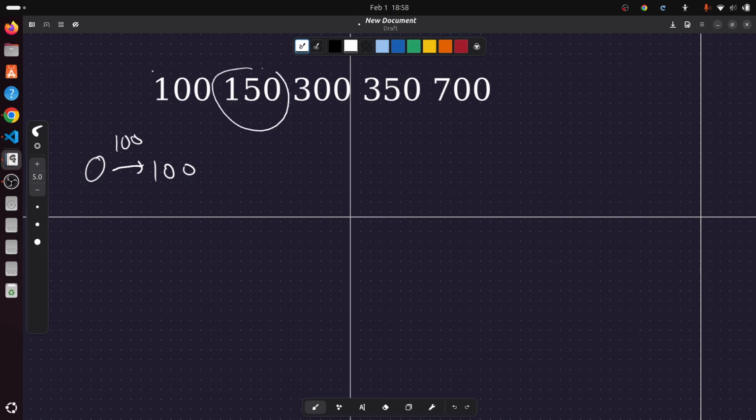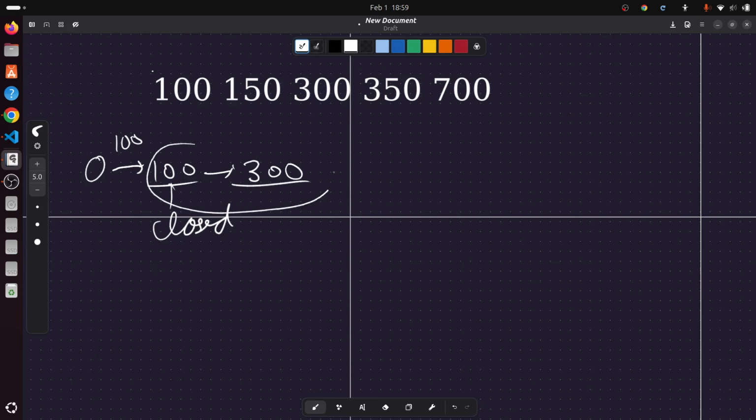So at 150 it is still closed. Then 300 came. In between 100 and 300 there were 200 seconds, right?